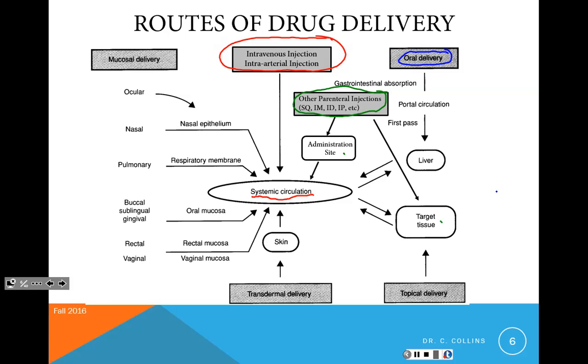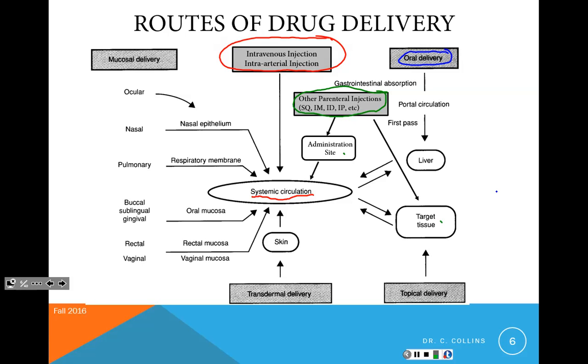Now, when things are absorbed, the body has somewhat of a protective mechanism. All of the blood, except for the very lower part of the rectum, that goes to the GI tract, even the colon, first flows through the liver before it goes to the rest of the body.